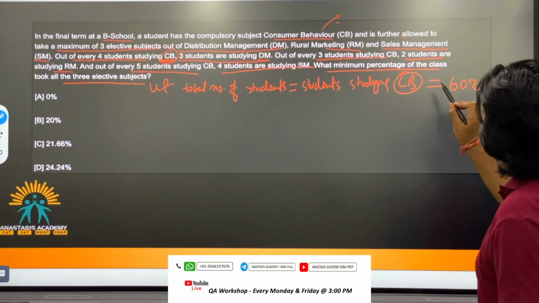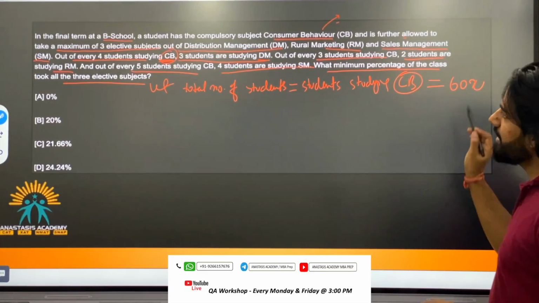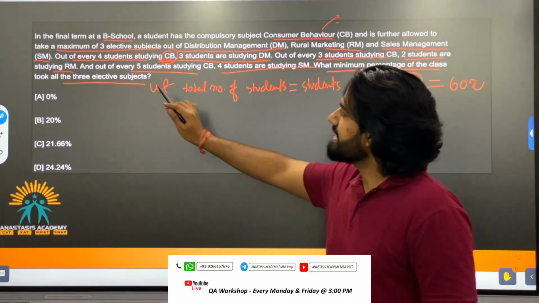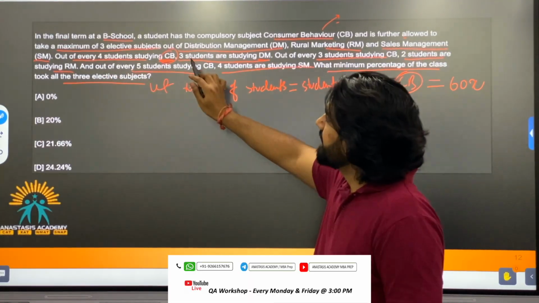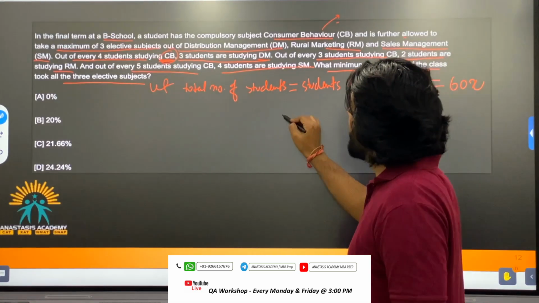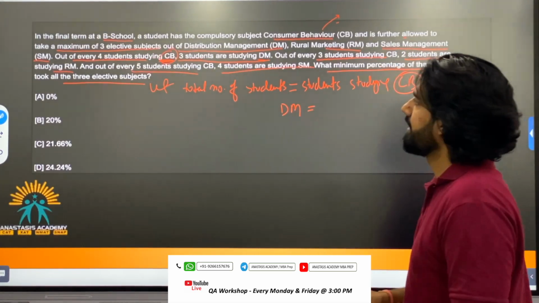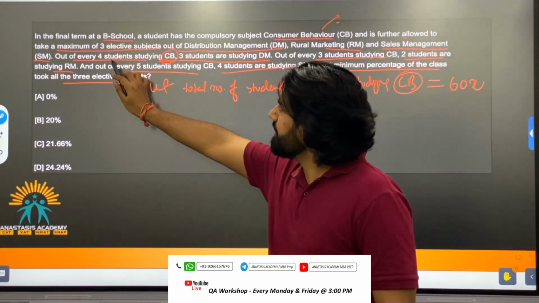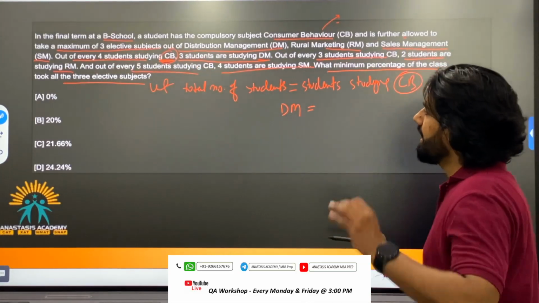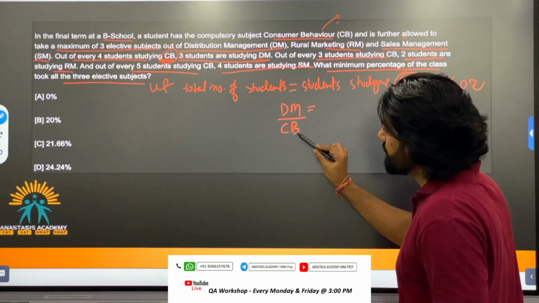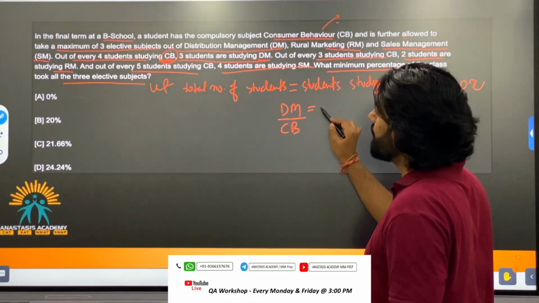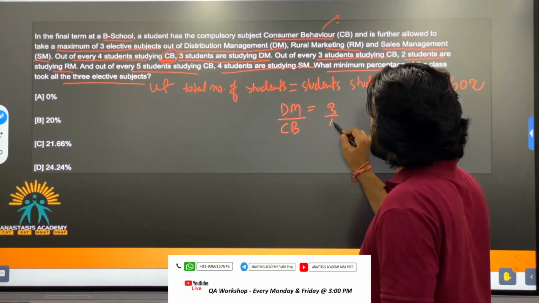So if the total number of students is 60x, it is given that out of every 4, 3 are studying DM. So the ratio of students studying DM out of CV would be 3/4.